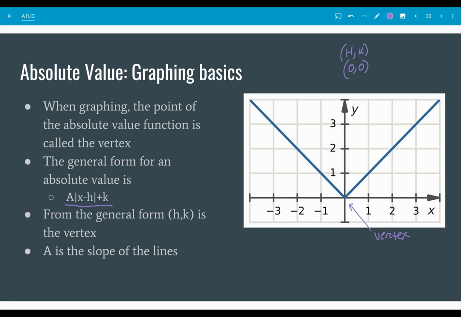And then a represents the slope of the lines. So if we look, slope, rise over run, 1 over 1. So for this example, we're going to have 1, x minus 0, absolute value, plus 0. Or simply just y equals the absolute value of x.